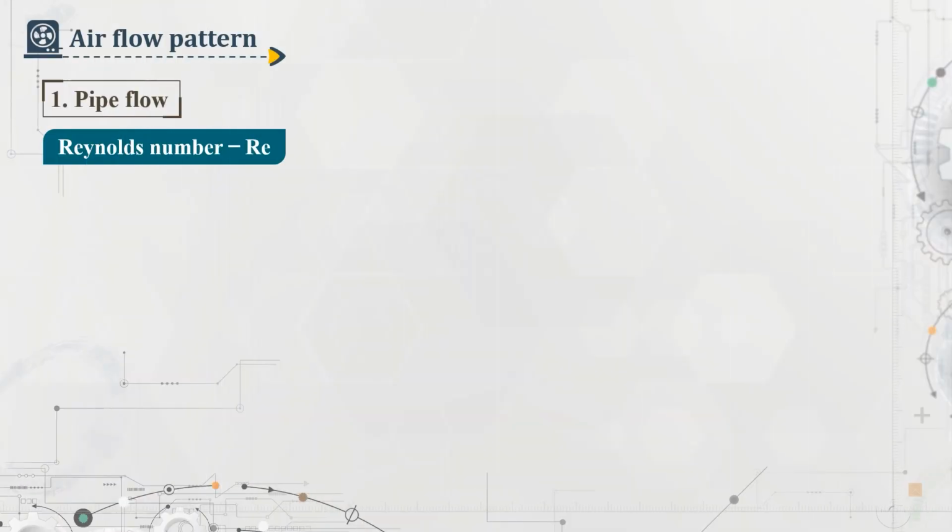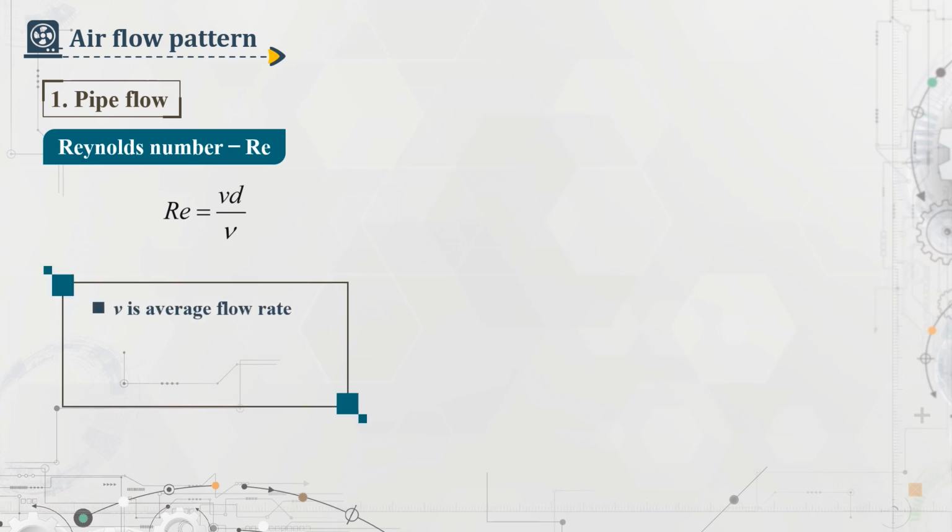Reynolds number is used to judge laminar flow or turbulent flow. The formula is as follows, where V is the average flow rate, D is the pipe diameter, and ν is the kinematic viscosity coefficient of the fluid.